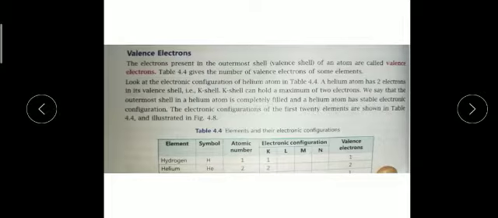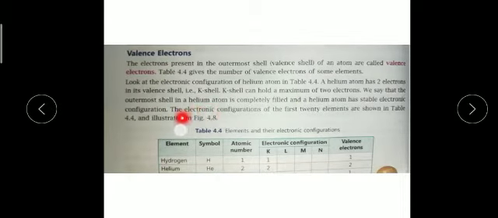So, we know according to the 2n² rule, the K shell, which is the first shell, can hold a maximum of 2 electrons. So, helium, whose atomic number is 2, contains 2 electrons in the outermost shell. Helium is a noble gas.